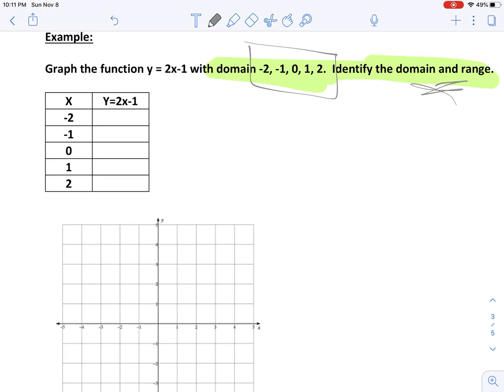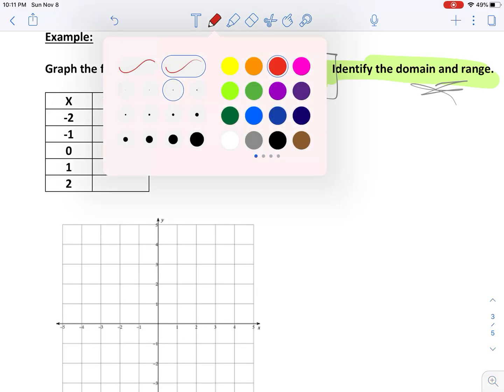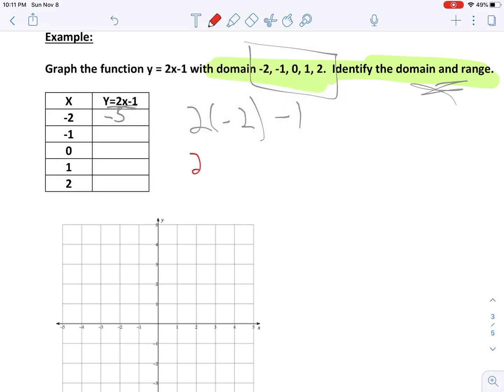Now, when I put negative 2 into this function, 2 times negative 2 minus 1 is going to give me a negative 5. When I put negative 1 into this function, I get negative 3.